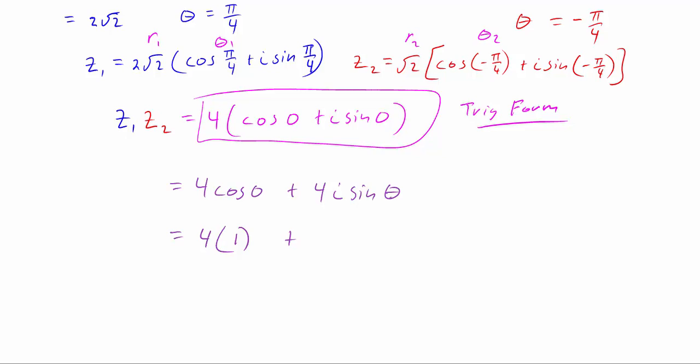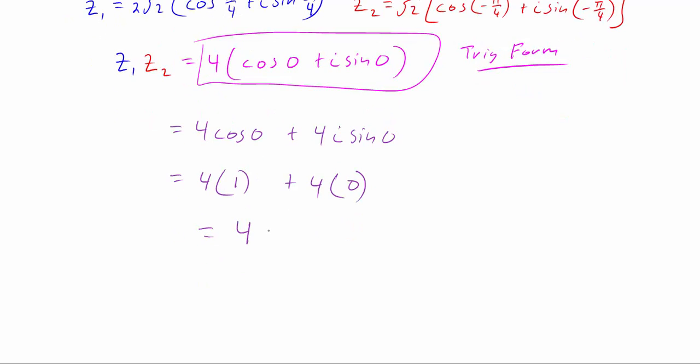And then i sine of 0, that means we would take sine of 0, which is going to be 0. So therefore, 4 times 1, we would certainly end up with just a number of 4. And technically I could write it this way, as 4 plus 0i, which means we do not have the imaginary part, we just have the real part of 4.